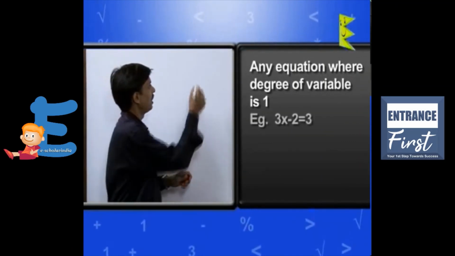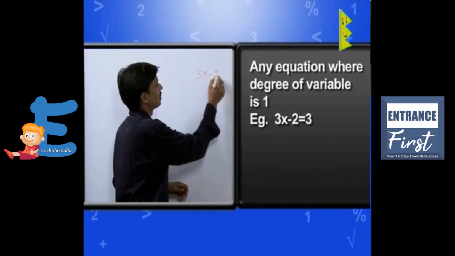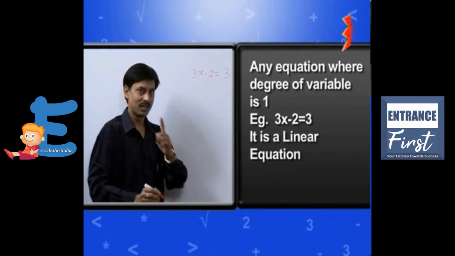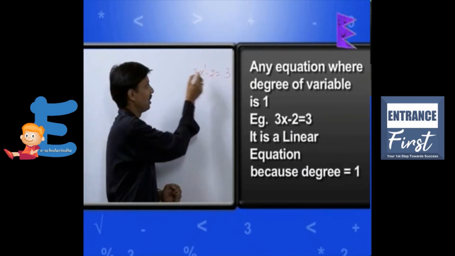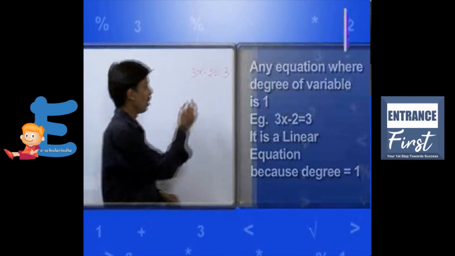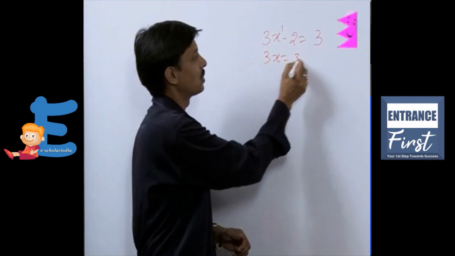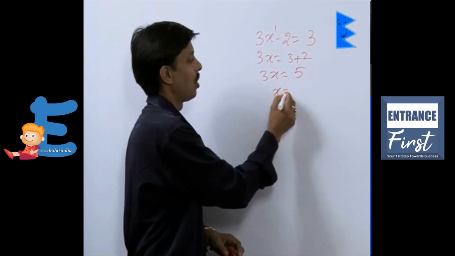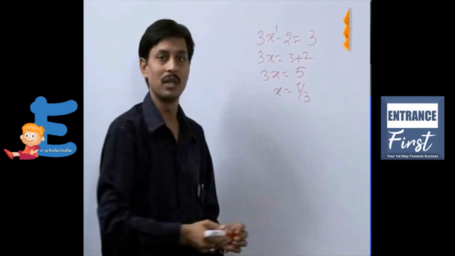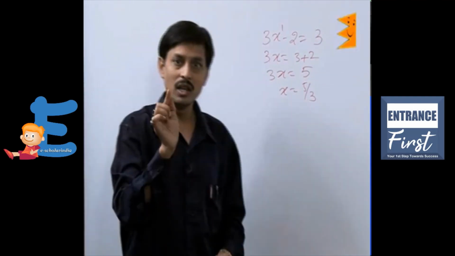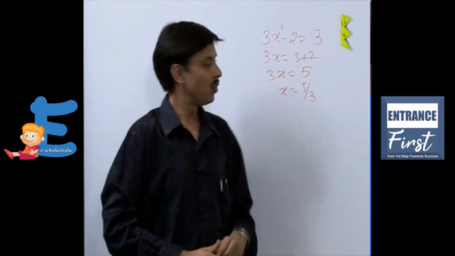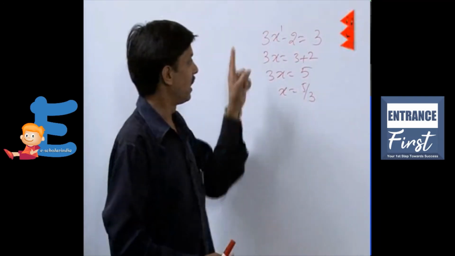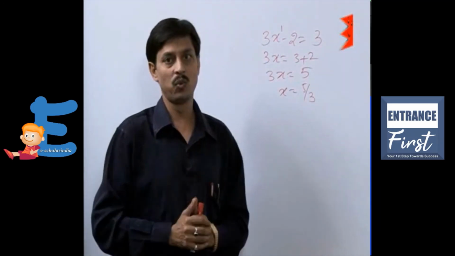For example, 3x minus 2 equals 3 is a linear equation because its degree is 1. We can say 3x equals 3 plus 2, or 3x equals 5, or x equals 5 by 3. So a linear equation has one solution, and its degree is 1.